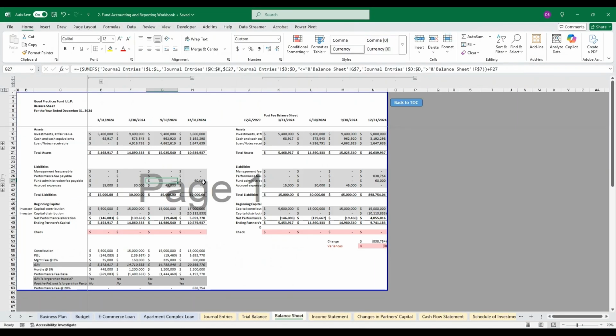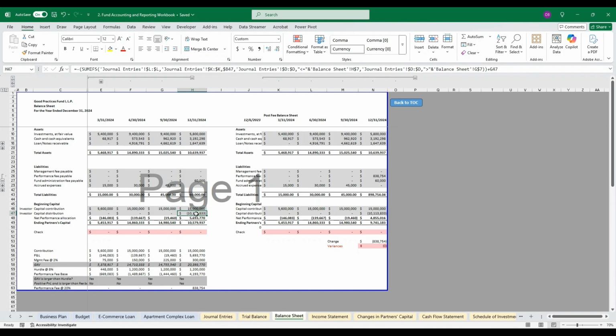As a result, in our balance sheet, this is our valuation ending balance. Now we only have this laundromat and the e-commerce in this case. And these are our cash and this is our loan receivable. All these numbers are just the sum of the entries from the trial balance.